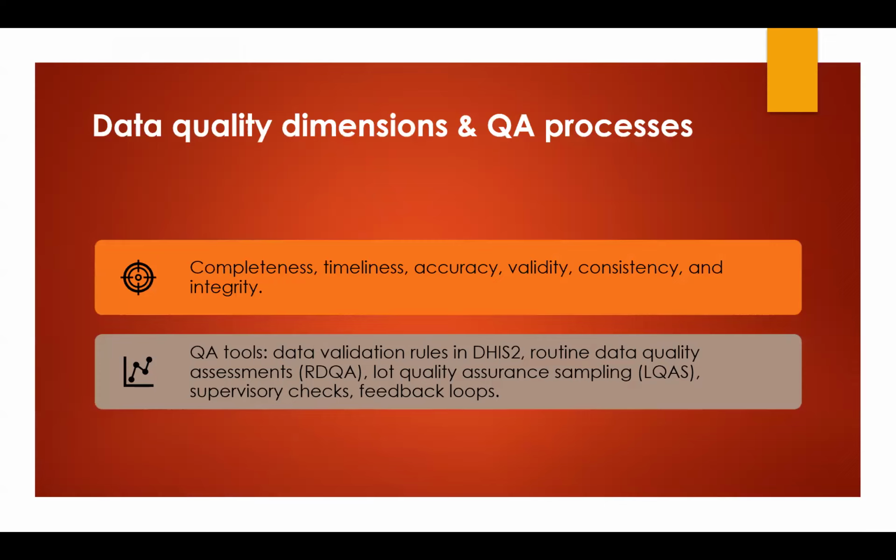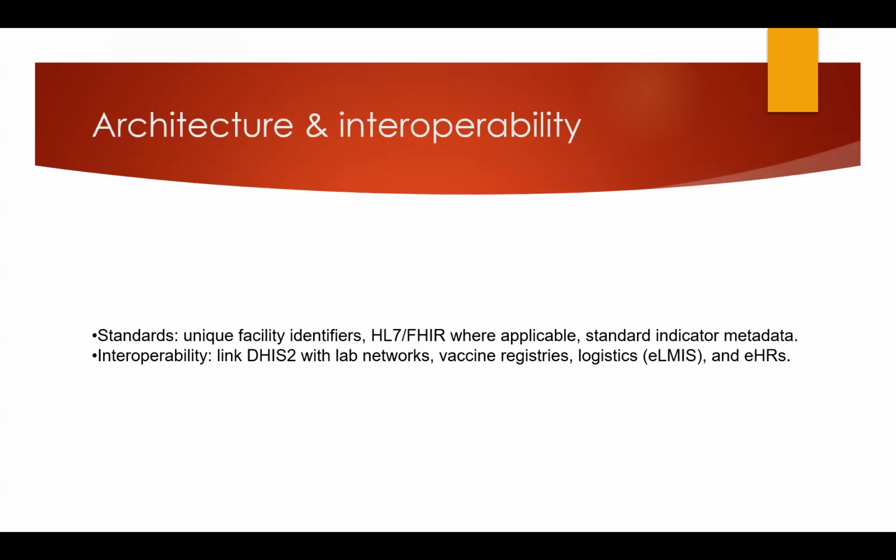Data quality dimensions: data should always be complete, collected on time, accurate, valid, consistent, and there should be data integrity. Tools include data validation rules in DHIS2, routine data quality assessment, lot quality assurance sampling, and supervisory checks with feedback loops.